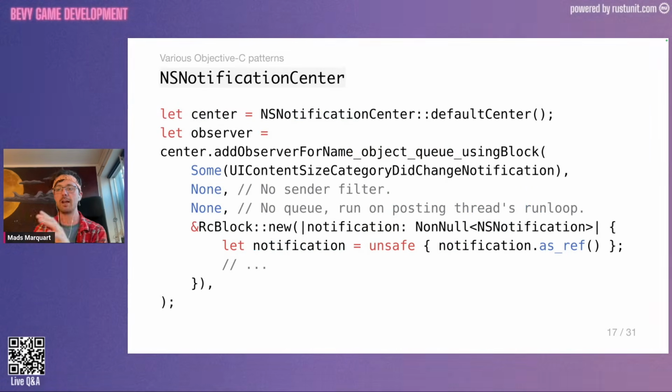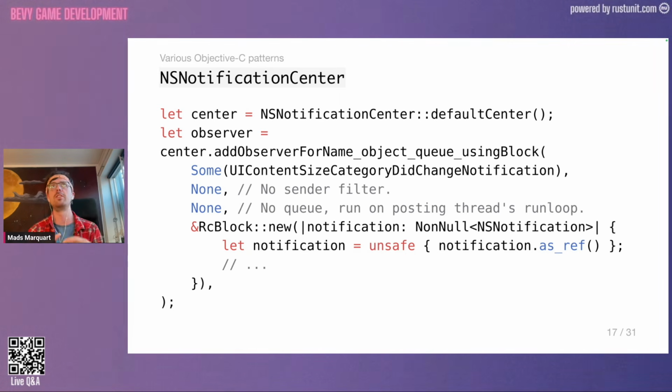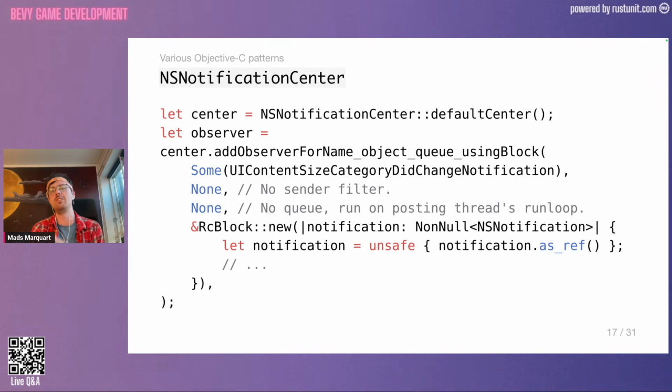And the last pattern to be aware of is notifications. Often there's some system level thing, for example the theme of the application, or the theme of the system, like whether it's in dark mode or in light mode, that's useful to know, or that you want to know when the user changes this.